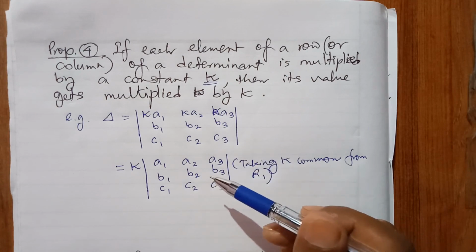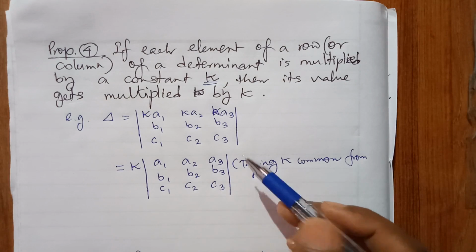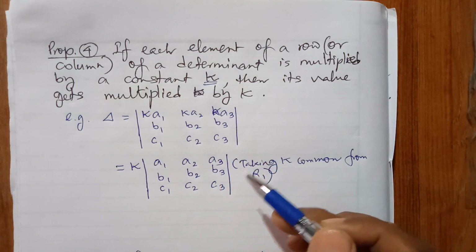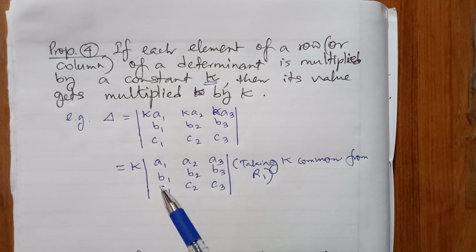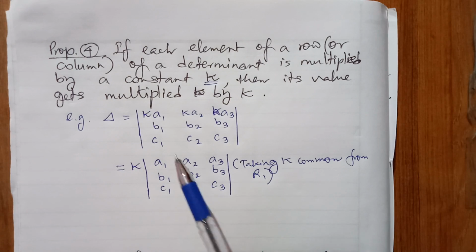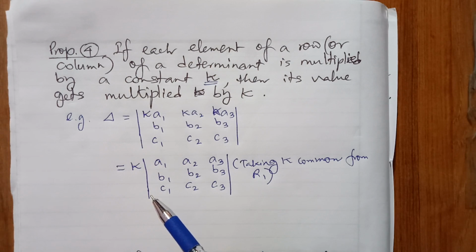In a determinant you can take common from any single row or from any single column. So this is the way of taking common from a determinant. So this is the difference between matrix and determinant in taking common factor. Okay. This is your property number 4.